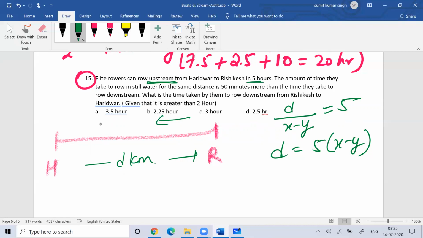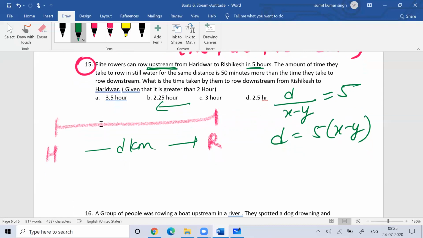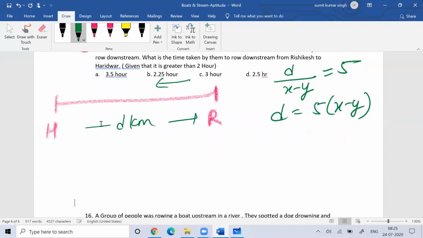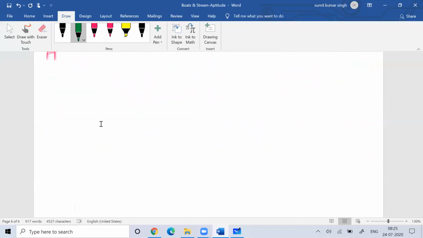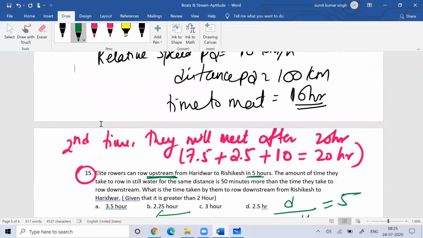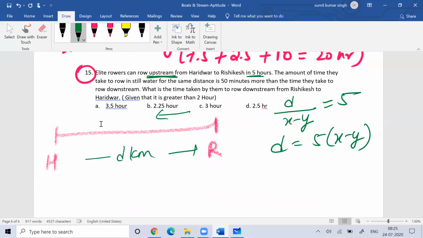The amount of time they take to row in still water for the same distance d, which is d by x, is 50 minutes more than the time they would take to go upstream.